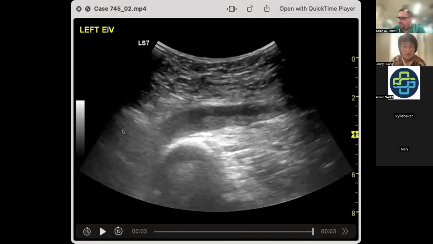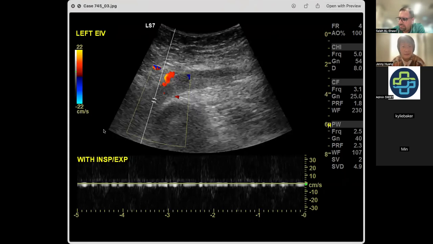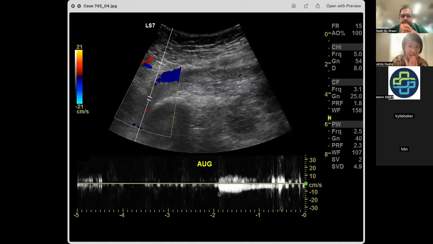So what do I want to do? This is the respiratory variation we were looking at compared to the other one. Compared to the other one, there isn't much respiratory variation. And again, the augmentation is very blunted.